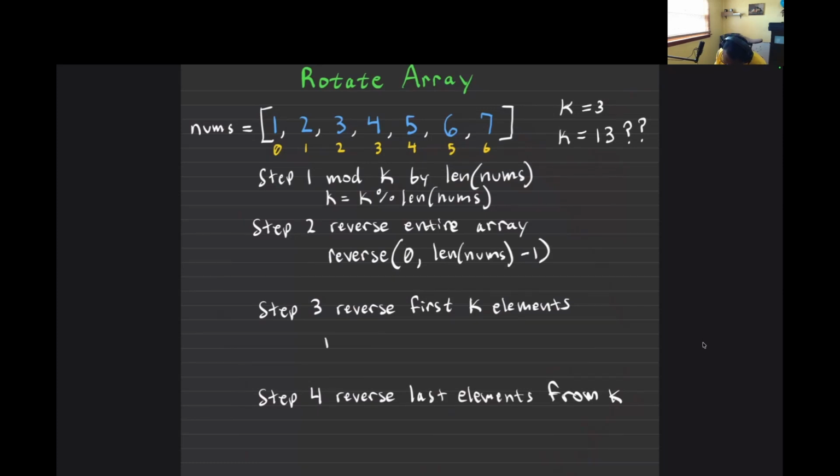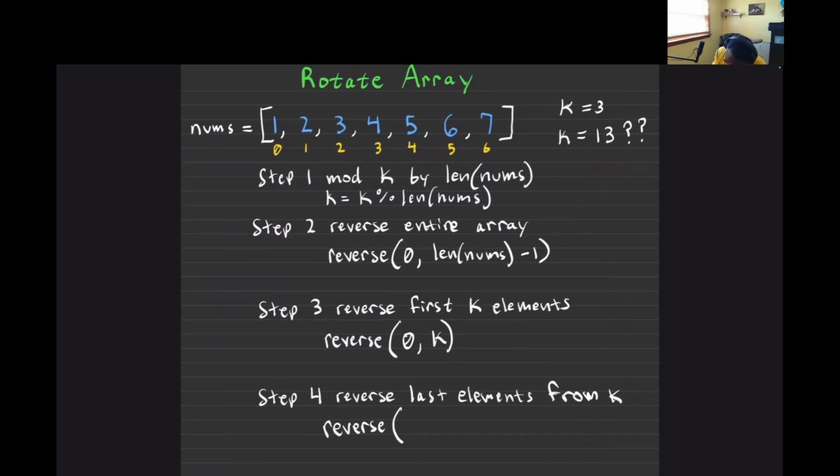And then we'll just reverse the first K elements. So the first K would be 0 to, so just like this, the first K. Oh, so this should be K minus 1, sorry.